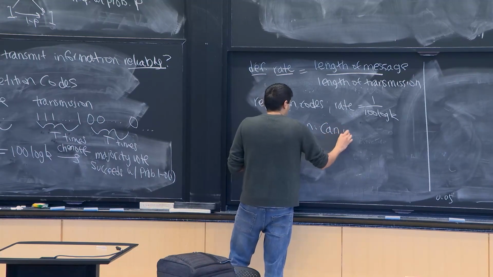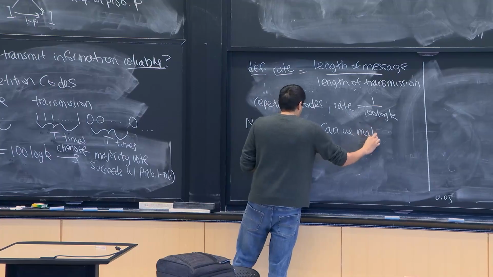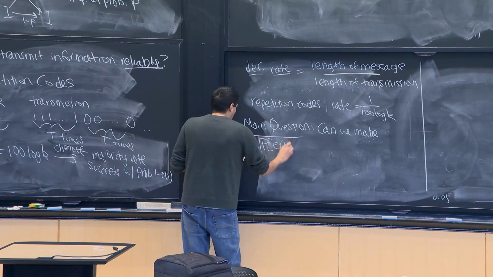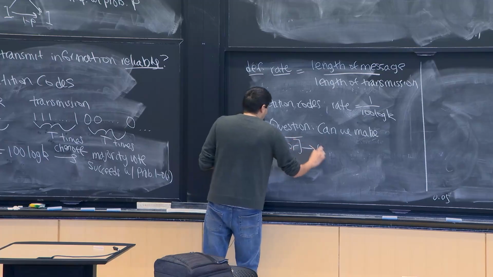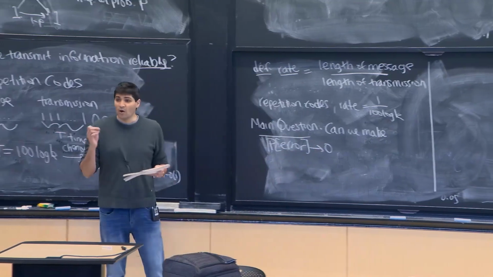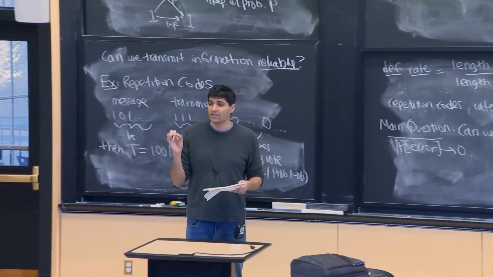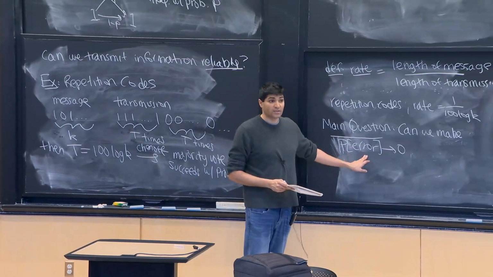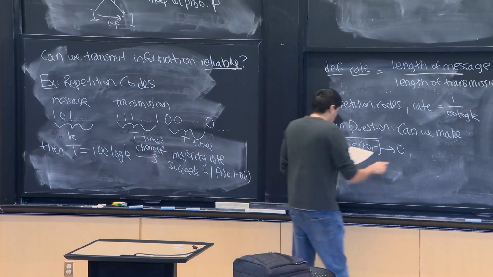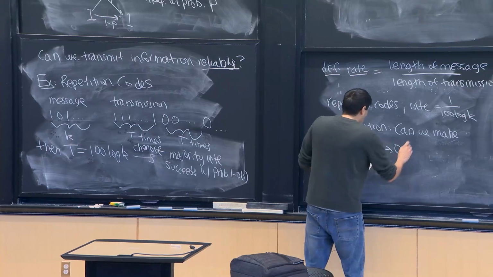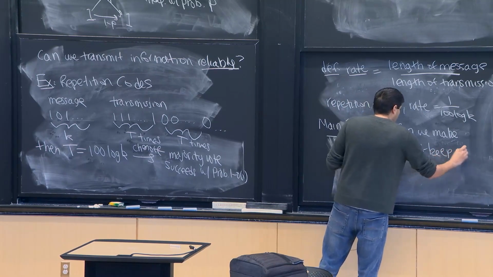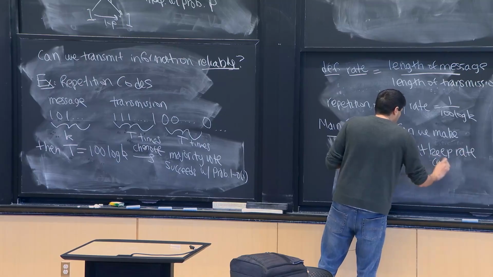Let's ask, can we make the probability of getting an error, by which I mean the probability that we don't successfully decode the message we started from, go to 0, but keep the rate constant?